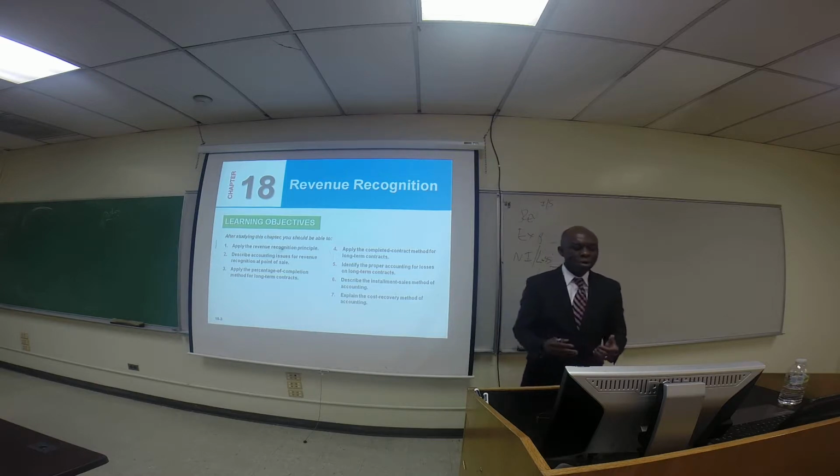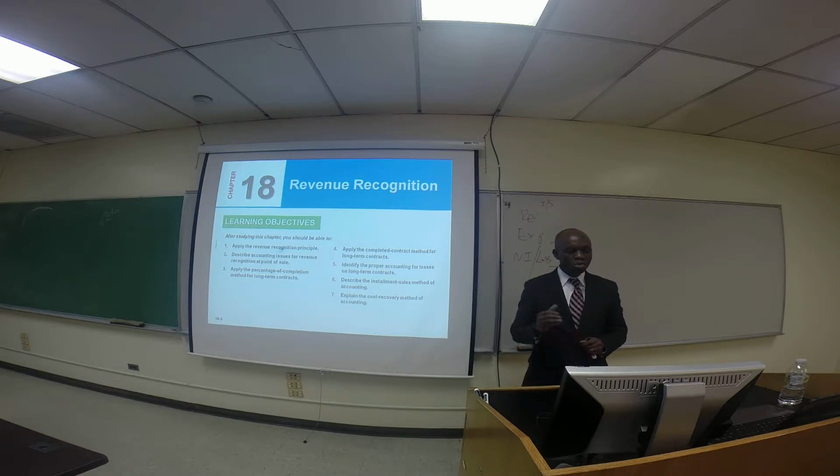Number 4, the information is ultimately communicated to internal and external users for decision-making purposes. And number 5, we analyze the information. In other words, we determine or interpret what the numbers actually mean. So specifically, we are going to discuss these 5 main issues as they relate to revenue recognition.